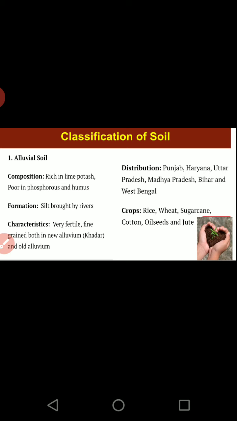These soils are very fertile; they are rich in potash, phosphoric and lime. They are very good for the cultivation of rice, wheat, sugarcane, cotton, oil seeds and jute. Punjab, Haryana, Uttar Pradesh, Madhya Pradesh, Bihar, West Bengal and even the delta regions, they are found. Characteristics: they are very fertile, fine grain and of various types.